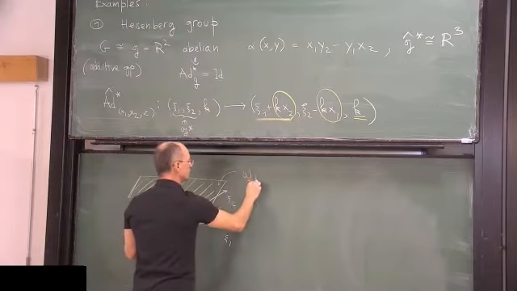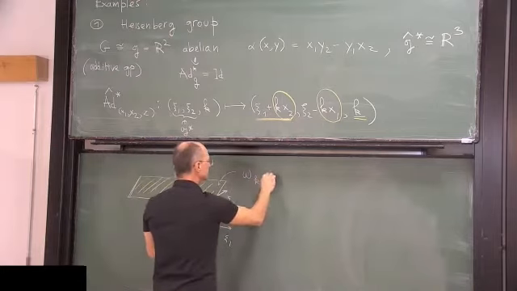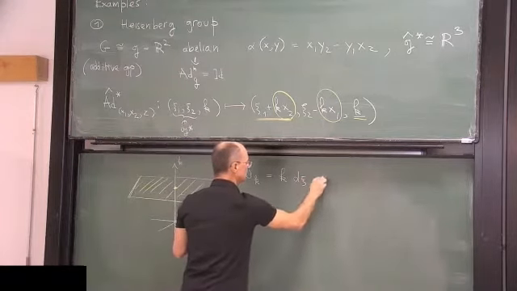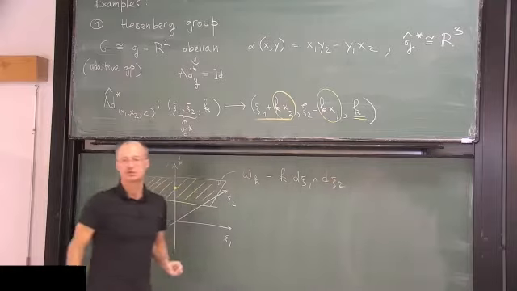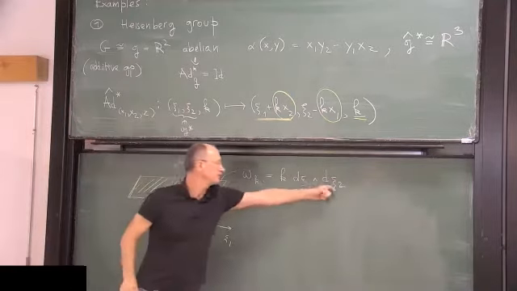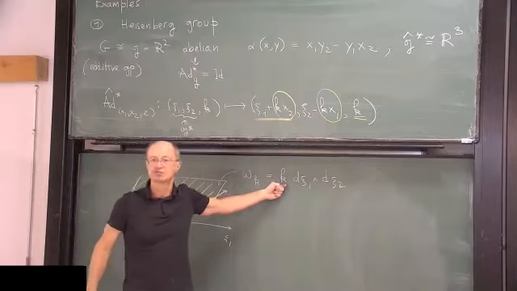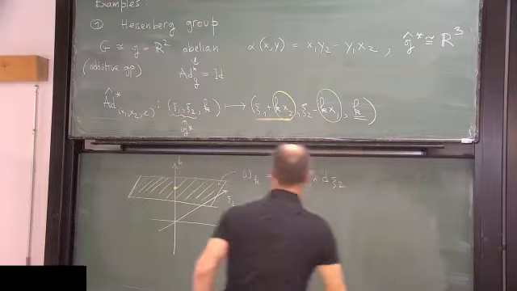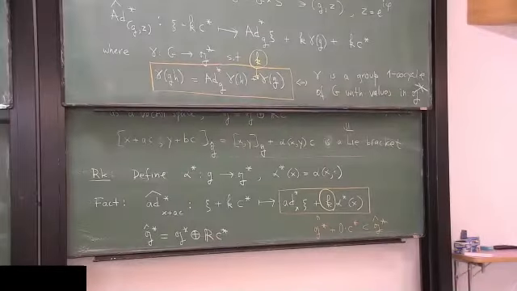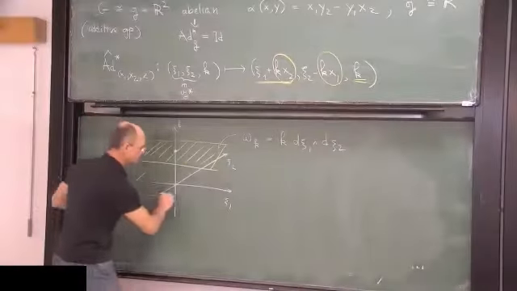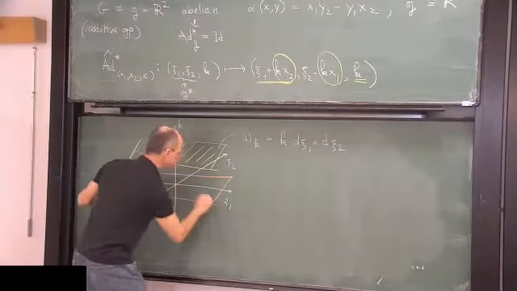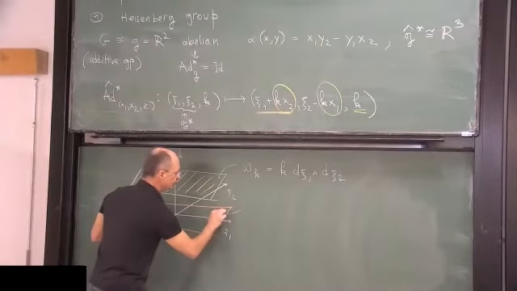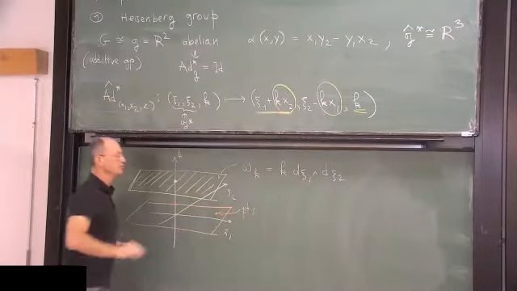Just for your information, the corresponding canonical two-form is this: the constant symplectic form times k. In particular, there is a special plane of k equal to 0, the plane which passes through the origin. And on that plane, the coadjoint orbits are simply points.